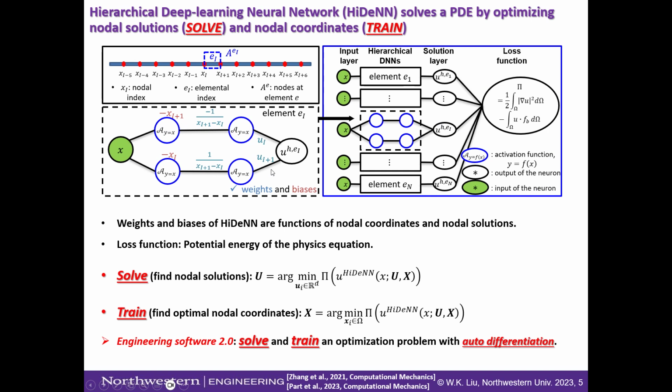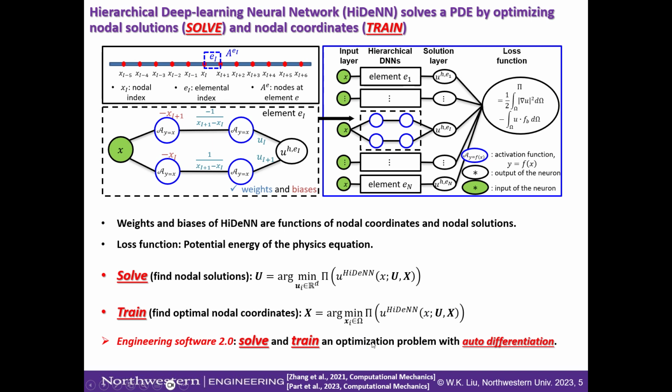They are not just random weights and biases of a feedforward neural network or physics-informed neural network. When we solve only for nodal field variables, this is mathematically equivalent to solving finite element analysis. But if we fix the nodal solution and update the nodal coordinates, it's kind of training data.